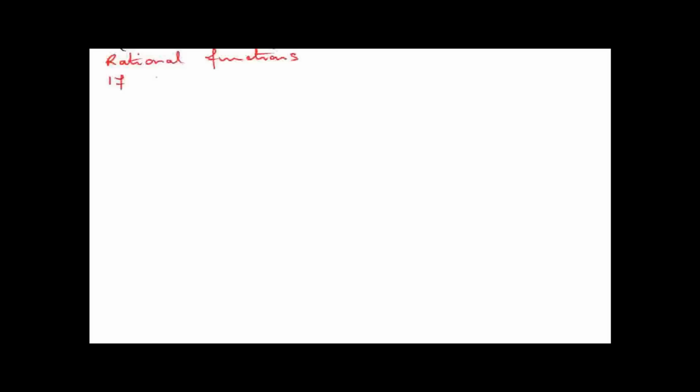If f of x is equal to 3 over x, find f dash x by first principles. Okay, so again, Martin, what does that mean? We've got to go through the messy theory.